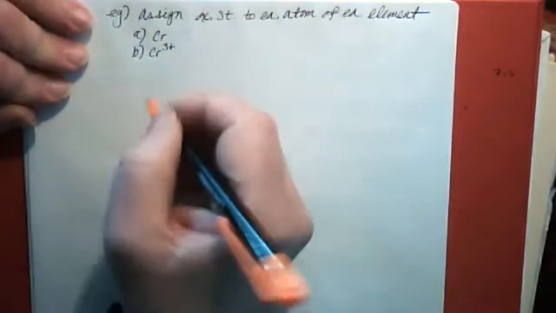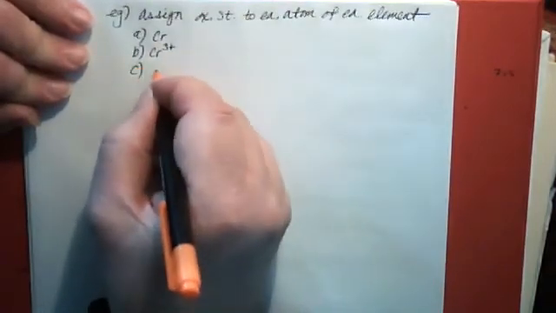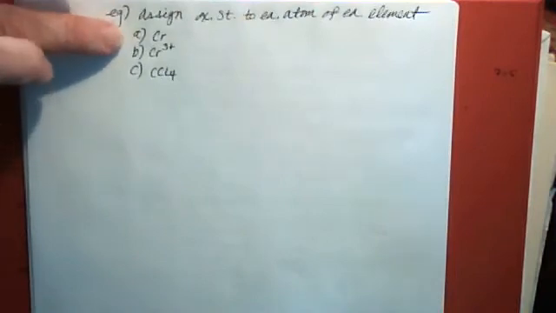Just as some examples, we can assign oxidation states to each atom of each element in the following examples. We have a few examples here. Okay, so the first one is just chromium, just the element chromium.